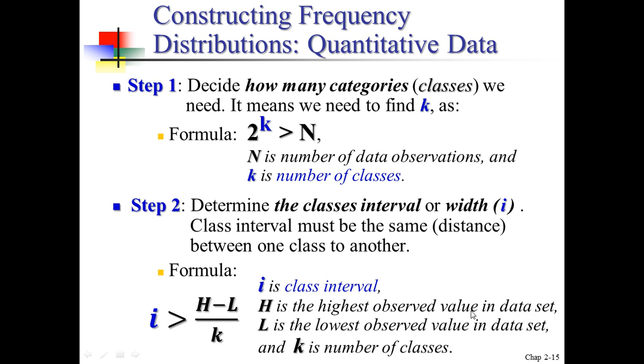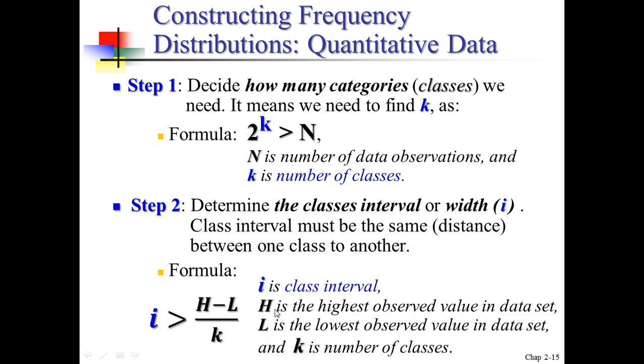In our data set, the highest is only one value, it cannot be 2 or 3, only 1. How about capital L? Capital L is the lowest observed value, the lowest value of a data item in our data set, and it is also only 1.